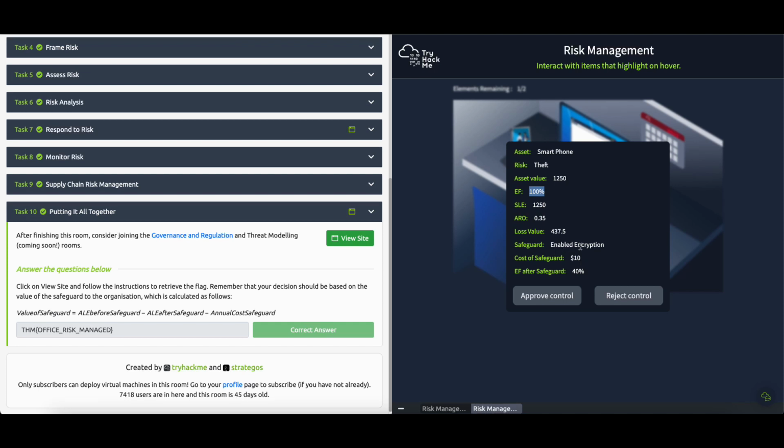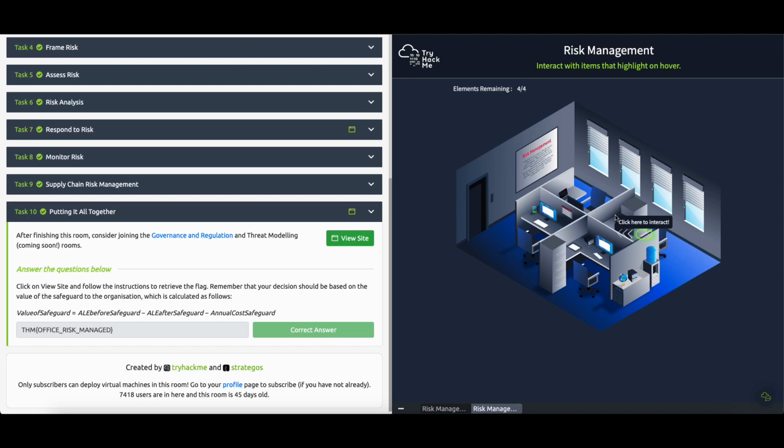As you can see, before the safeguard, cost was almost $400, and the EF was 100%. But after the safeguard, we successfully decreased the cost and the exposure factor. So we have to approve control here too.